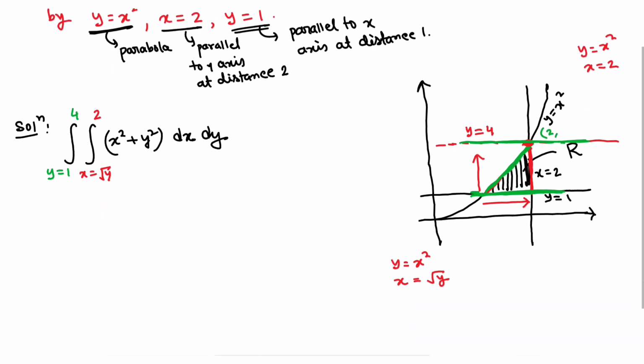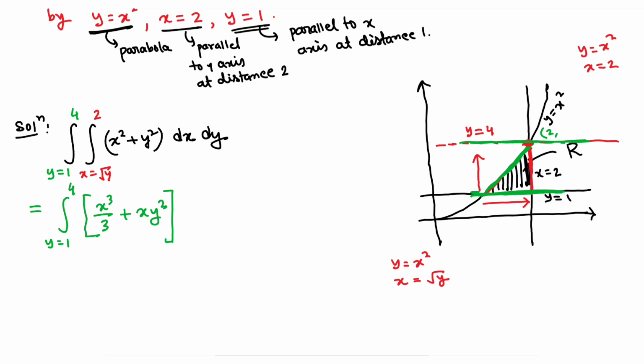Now let's solve the equation. First integration with respect to x. So y equals 1 to 4, integration with respect to x, so this will be x cube by 3 plus xy square, because when integration is with respect to x, y will be considered as constant.